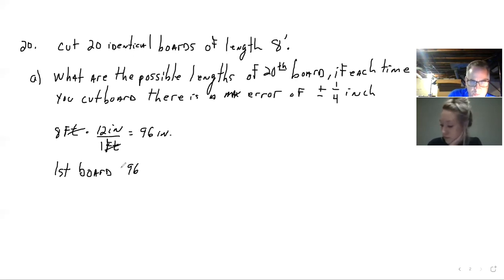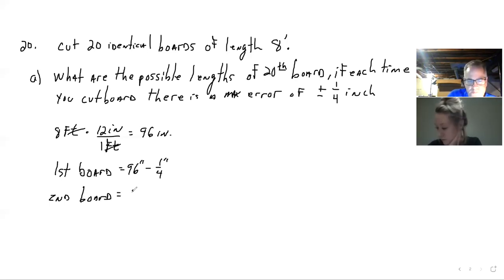The first board would be 96 minus 1/4. For right now, I'll go ahead and put 96 inches minus 1/4. We could do the arithmetic there, but we don't need to. What I'm going to look for is a pattern here.